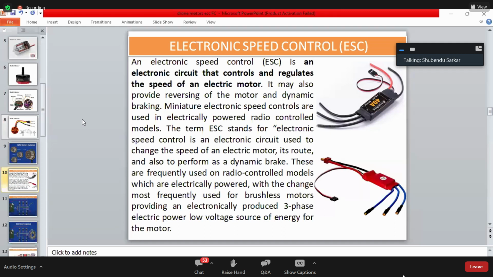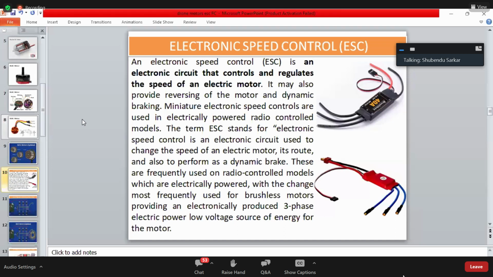Some ESCs give you a braking system to control the speed of the motor. Some advanced ESCs have sensors that help you find out at what RPM your motor is rotating. And the ESC helps the flight controller send the signal to the motor winding as per the request generated by the flight controller.